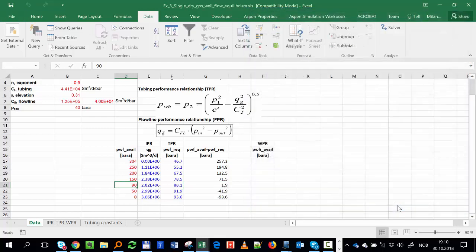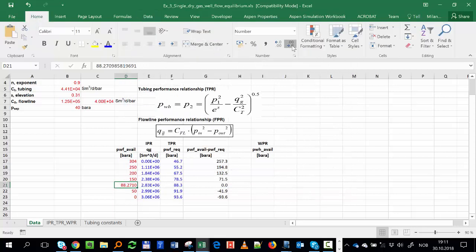Okay, and then I click Solve, and it found the solution. My unique bottom hole pressure, if I put these two things together, they're going to be operating at 88.3 bar, flowing bottom hole pressure. The rate, 2.83 million standard cubic meters per day.